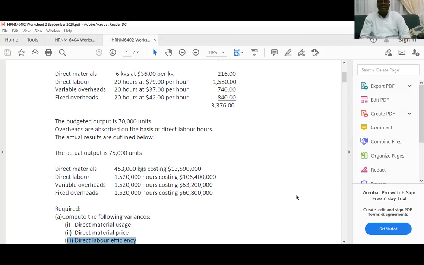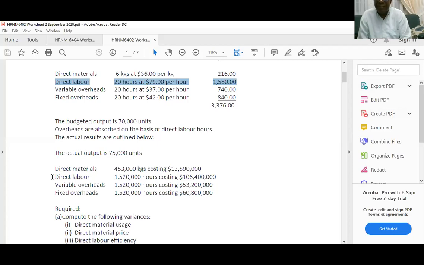Let's interpret the line that says 20 hours at $79 per hour, and out to our right we have $1,580. We're saying that we expect to take 20 hours to make 1 unit, and we expect to pay $79 for each hour worked. It therefore means that the labor cost reflected in 1 unit would be $1,580.